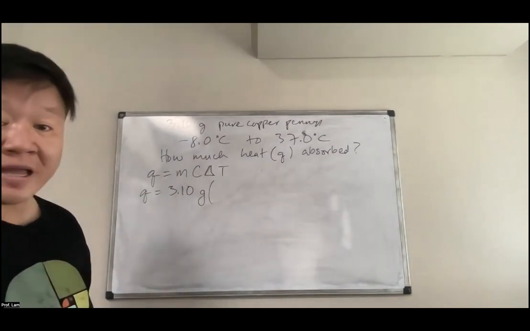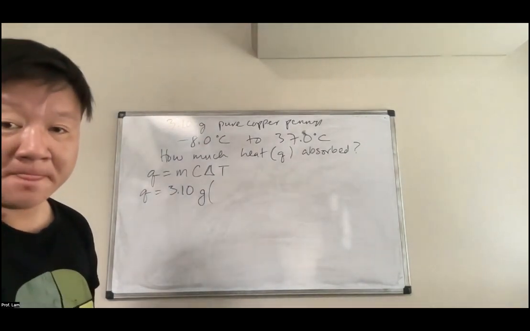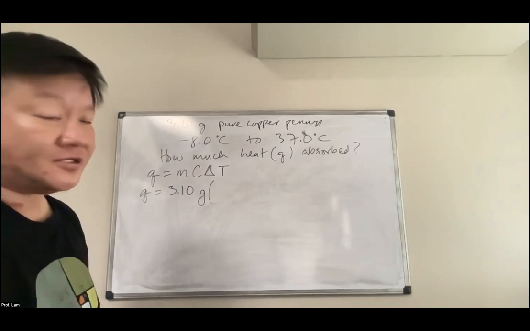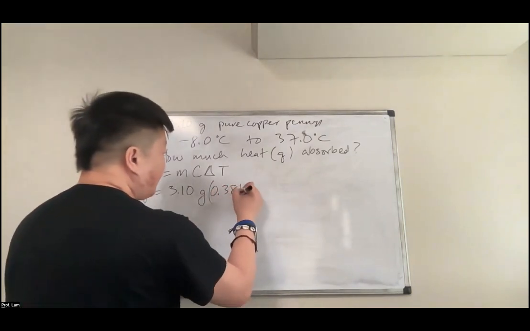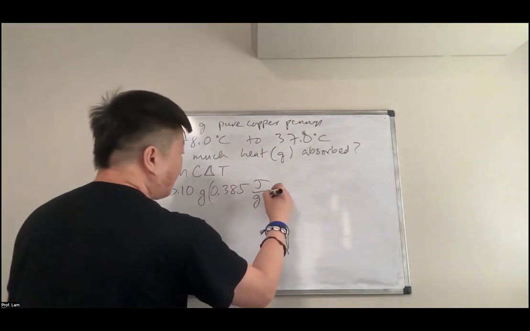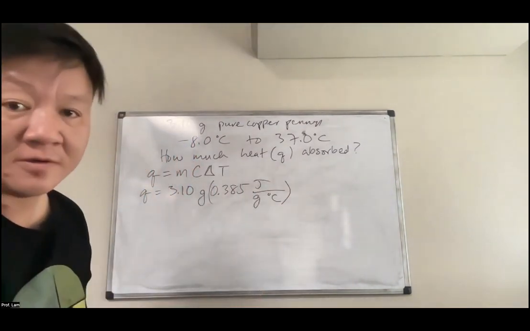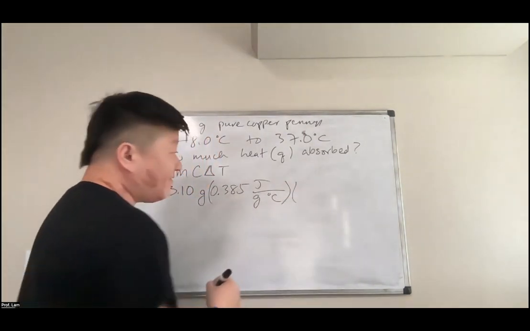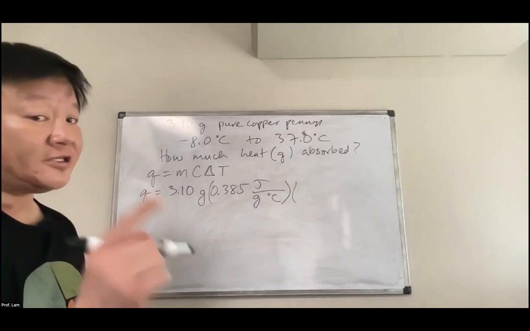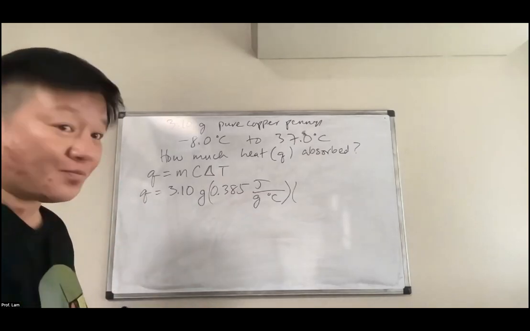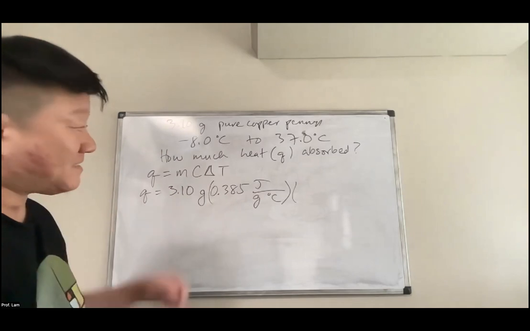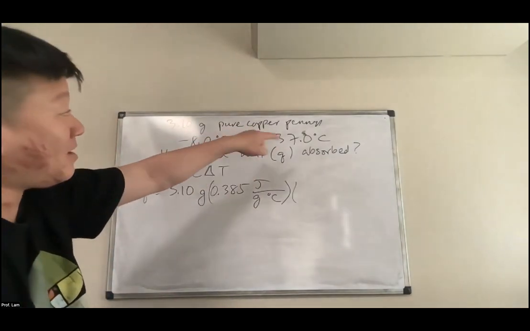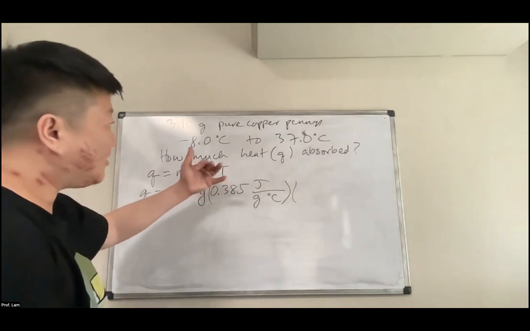Then we have to go back to that table and look up the specific heat of copper, and you'll see that it's 0.385 joules per gram per degree Celsius, times delta T. So remember, guys, every time you see delta, it's always final minus initial. So delta T is T final minus T initial. You have to look in the problem and see what the final temperature is and what the initial was.